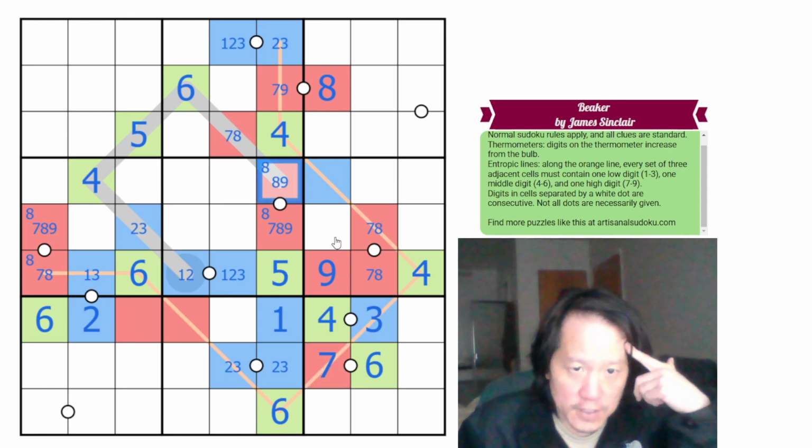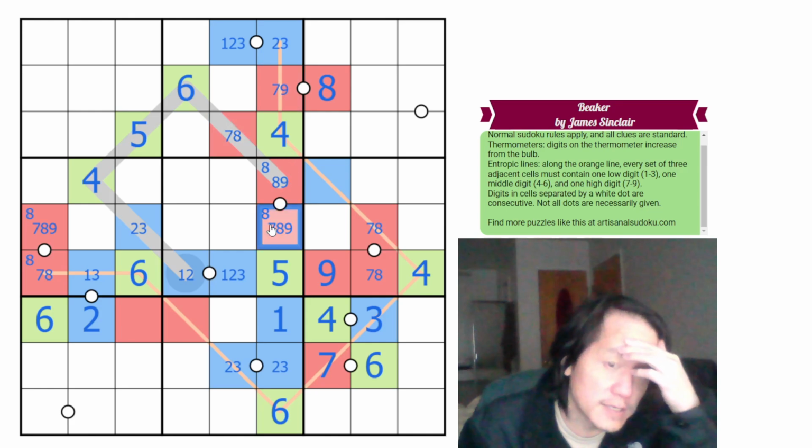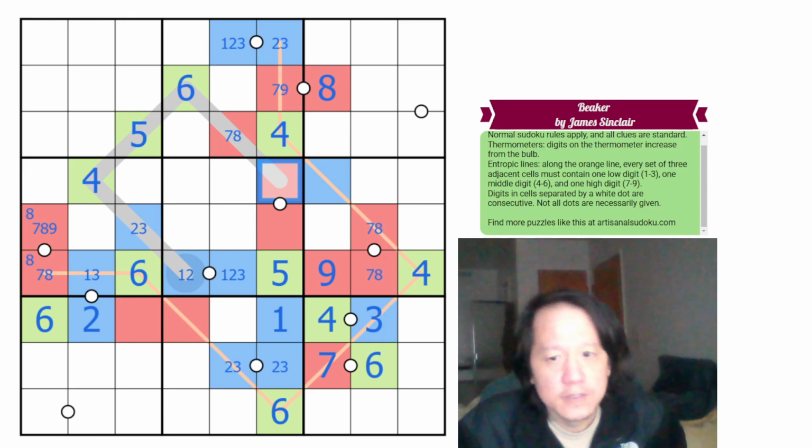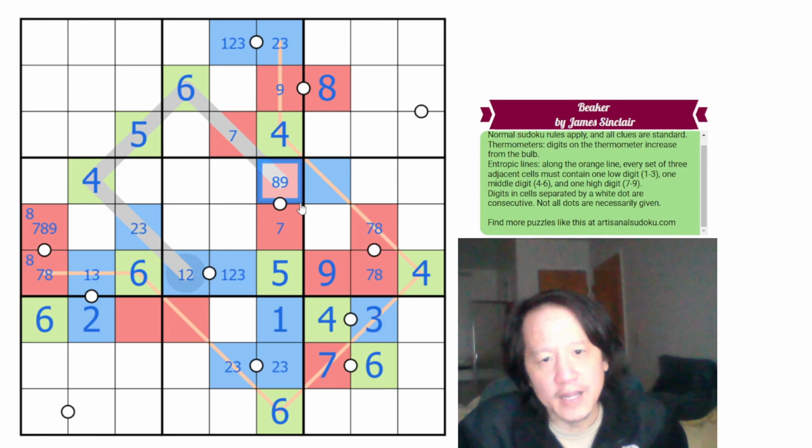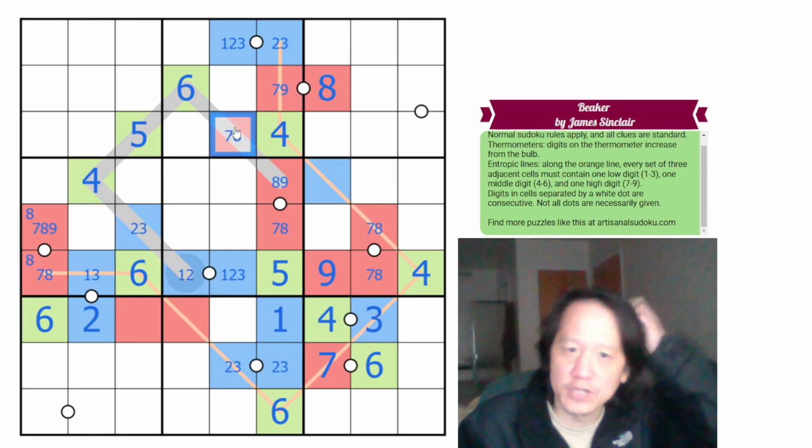If this is 8, this has to be 7, which forces that to be 9, which makes that a 7. So if this is 8, again, this has to be 7, which forces this to be 9, which makes that a 7. If this is 9, obviously this would have to be 8. This would be 7, and this would be 8 then, because it could not be 7.